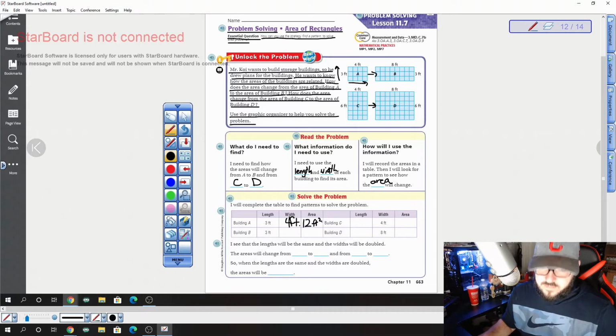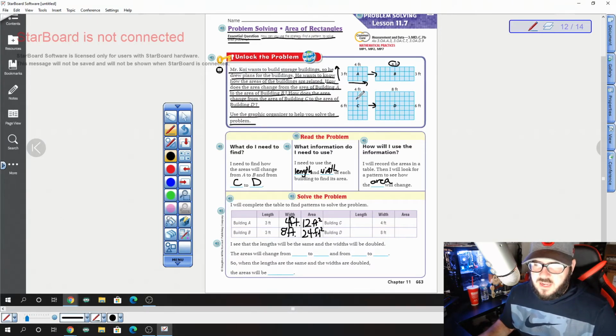squared. Okay? Building B also has a length of 3 feet, you can see, but it has a width of 8 feet. So 3 times 8 gives us 24 feet squared. Okay?